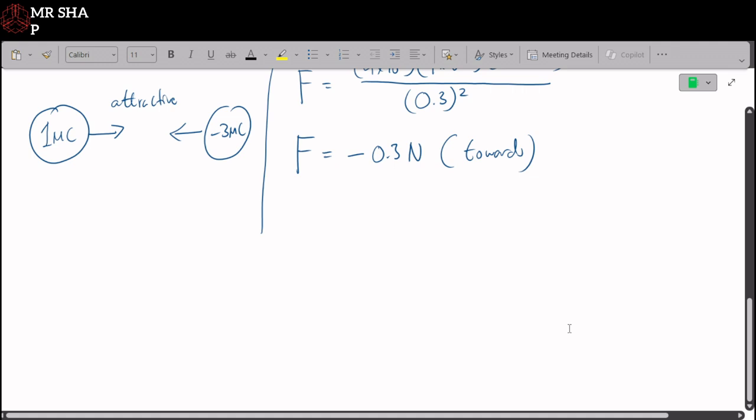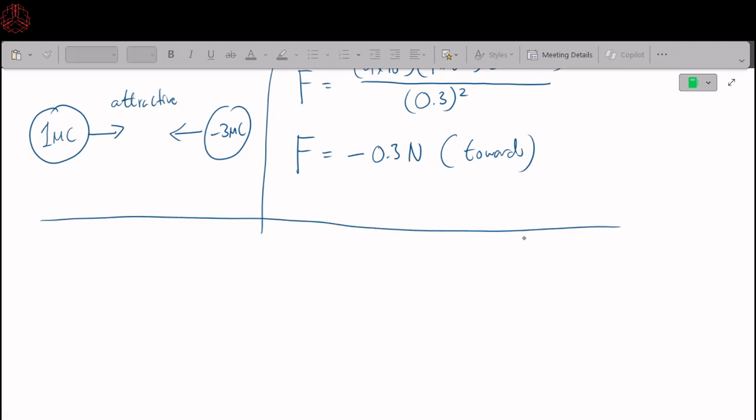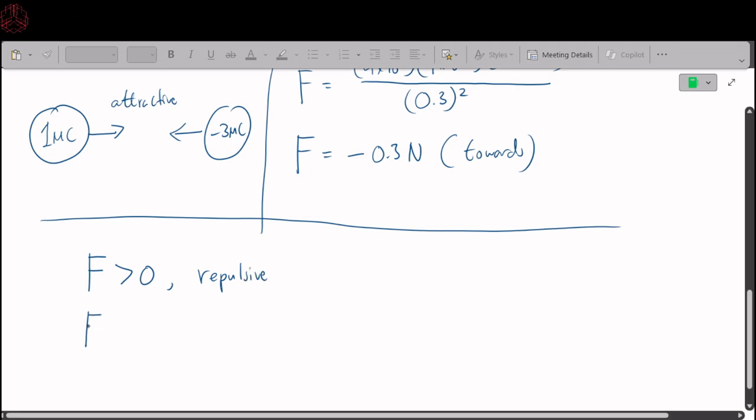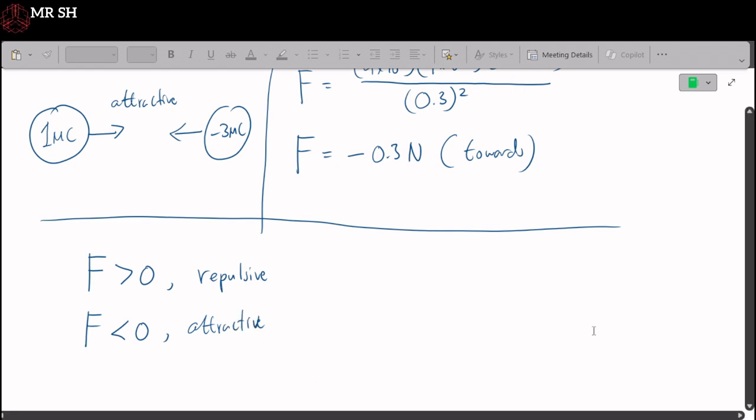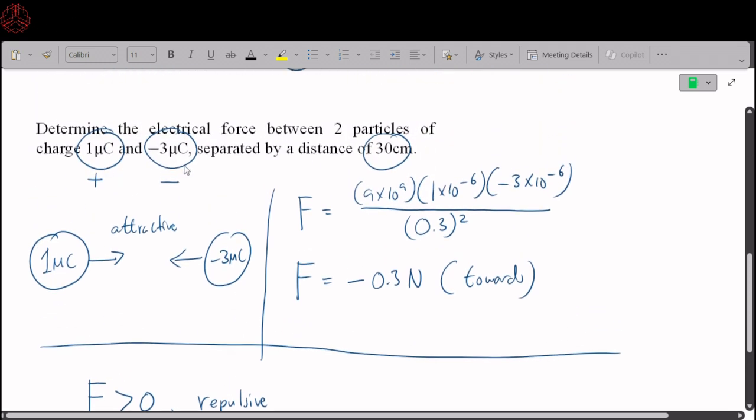So what can we conclude from these two questions? If I have my force to be bigger than 0, which means it's positive, then the electrical force is going to be repulsive. If I have the force to be less than 0, being negative, then I have an attractive force. This is true if I have both negatives as well.